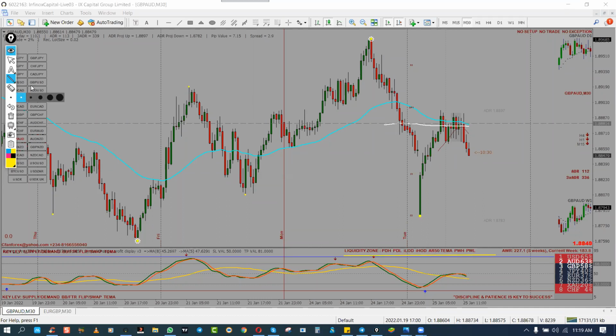The liquidity I want to see on my chart are the previous day high, previous day low, initial low of the day, initial high of the day, the midline of the Asian zone, the 200 EMA, and also, in case I'm looking at the swing, the previous week high and low.